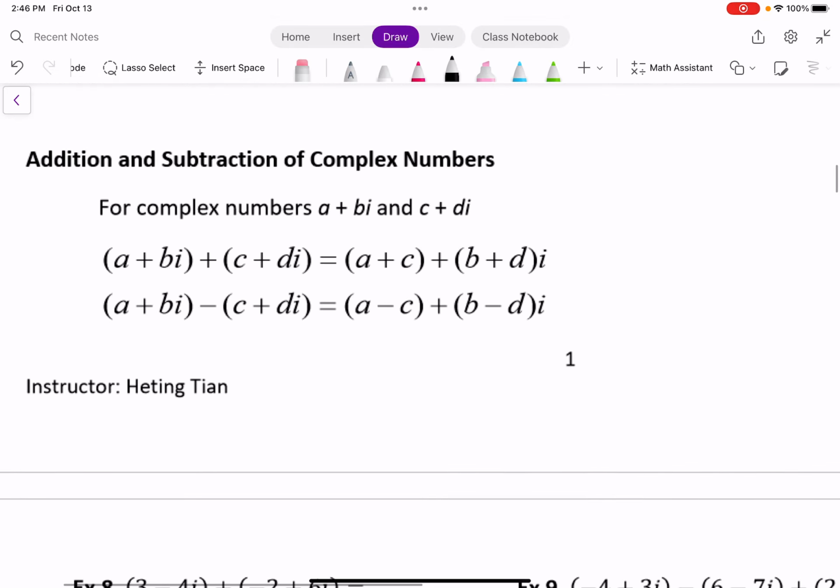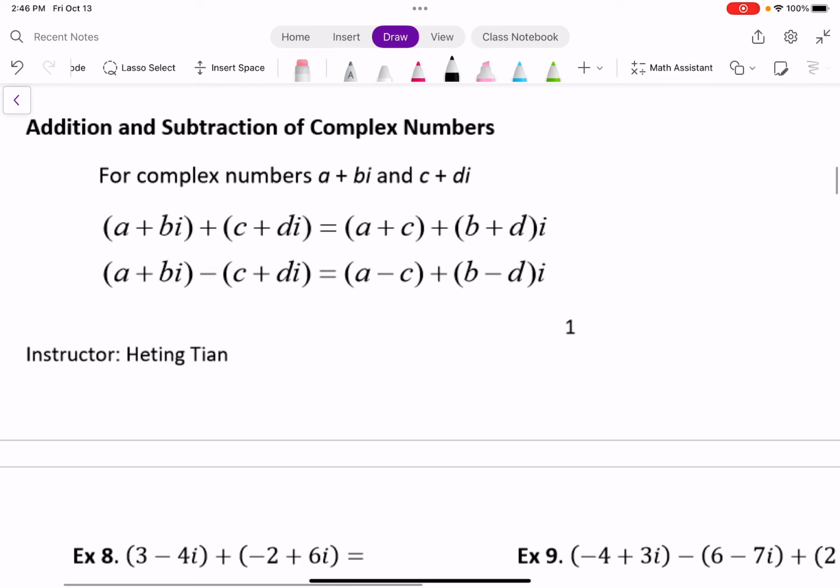Let's see, addition and subtraction of complex numbers. If we subtract or add 2 complex numbers, we use real number plus real number if I'm doing addition, and imaginary number part plus or minus imaginary number part.